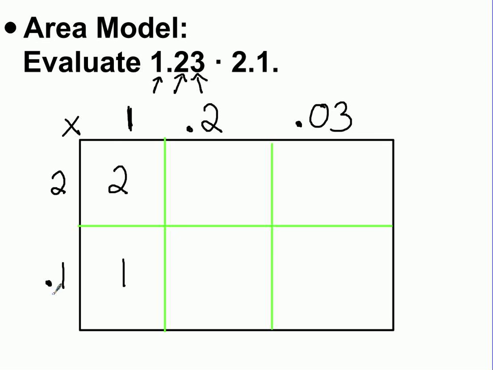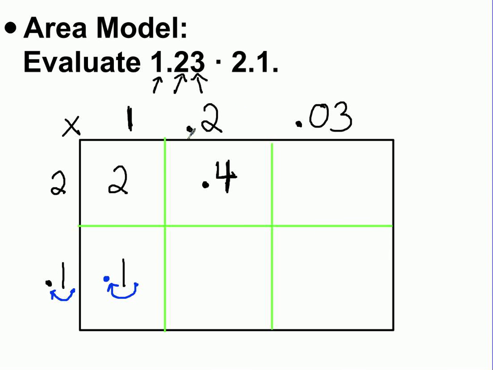But here, from the right side, I have 1 decimal place. So my final answer has to be 1 decimal place from the right. 2 times 2 tenths is 4 tenths. So you can also think about that in your mind. If I have 2 groups of 2 tenths, I have 4 tenths.